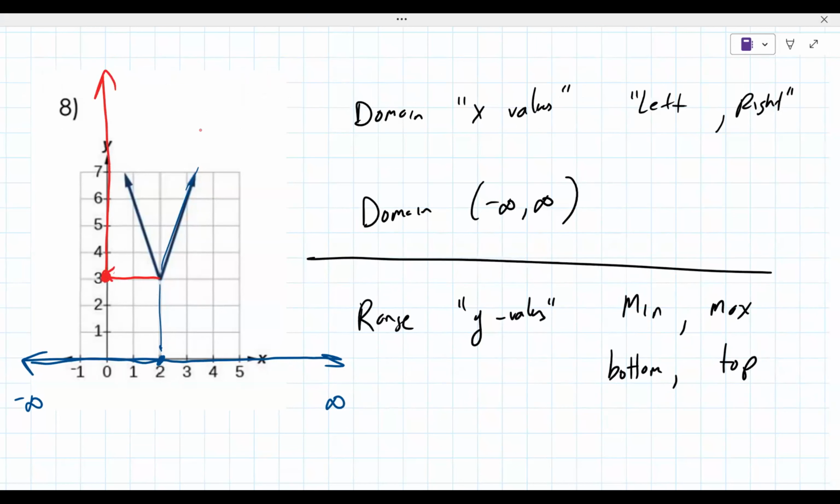This bottom gets pushed over here, but all these other points, if you push in from the right, would go up forever. But it really is the min to the max. So the minimum y value is 3. How high up does it go? Infinity. And because the 3 is included, you're going to put a bracket there.